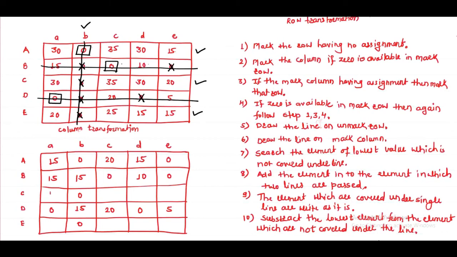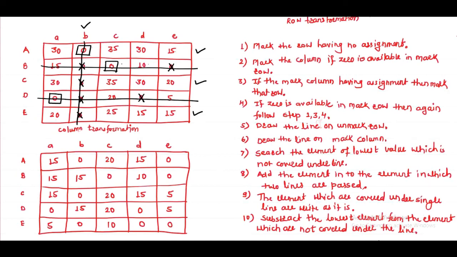Then 30 minus 15 is 15. 35 minus 15 is 20. 30 minus 15 is 15. 20 minus 15 is 5. 20 minus 15 is 5. 25 minus 15 is 10. 15 minus 15 is 0. 15 minus 15 is 0.